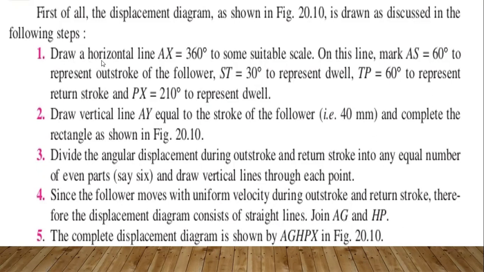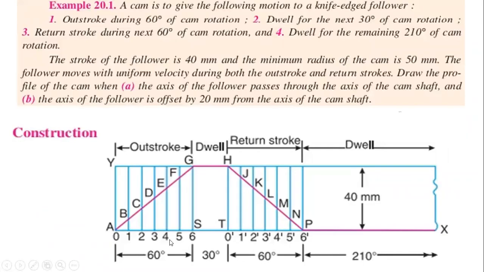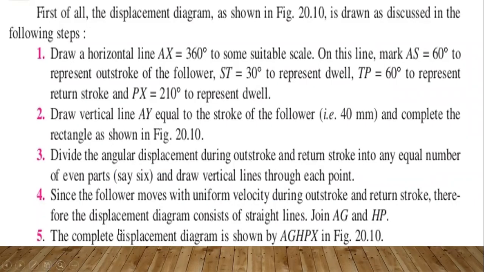So draw a horizontal line AX, that is 360 degrees to some suitable scale, that is, some scale which is convenient to you. On this line mark AS equal to 60 degrees, that is AS means the length of the outstroke is 60 degrees, to represent the outstroke of the follower.